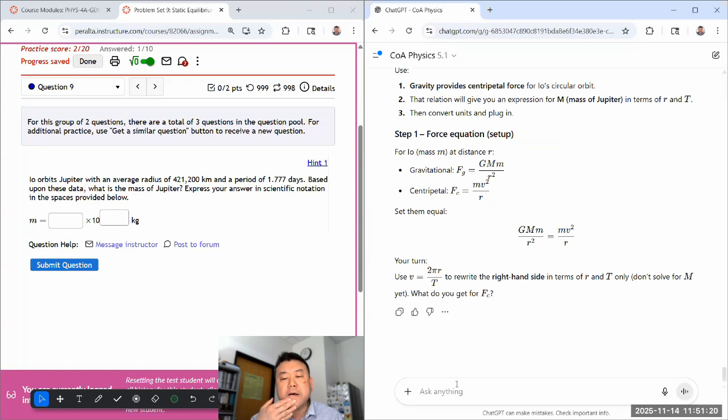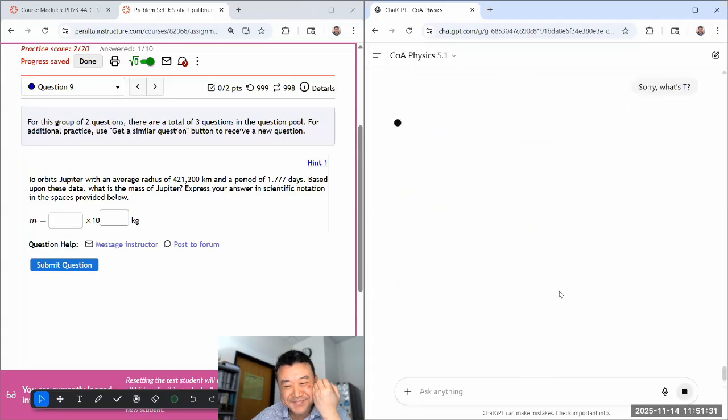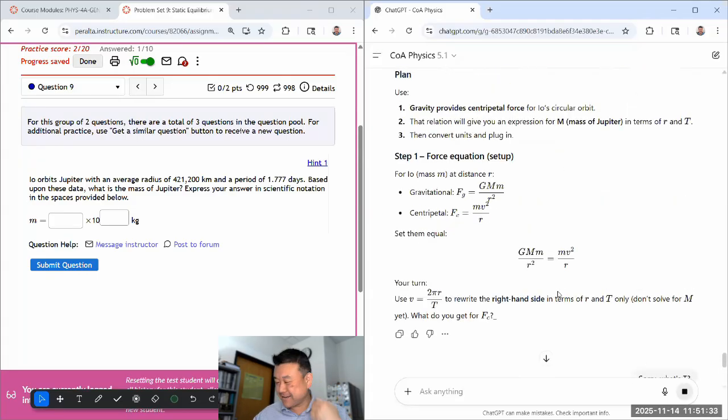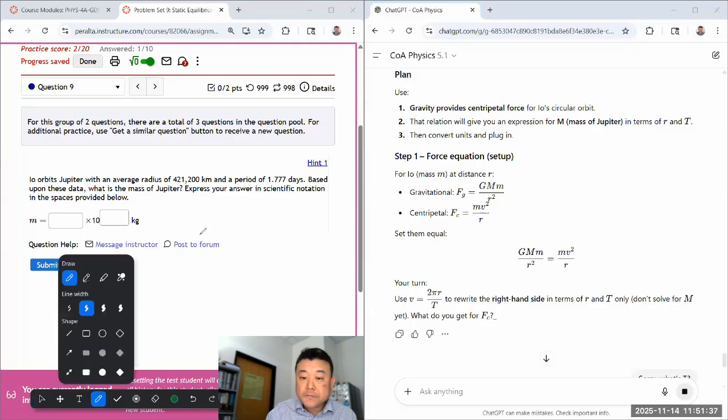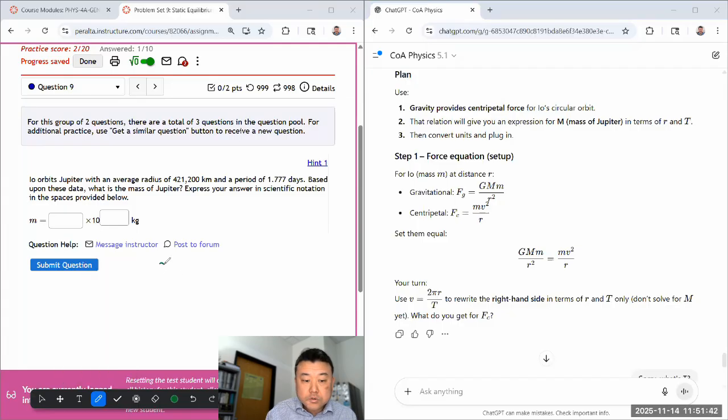So let's say, what's T? Because I don't think it explained it yet. I mean, you can guess. T must be the period. While it's answering, let me just start adding. G M over r squared is equal to m v squared over r.